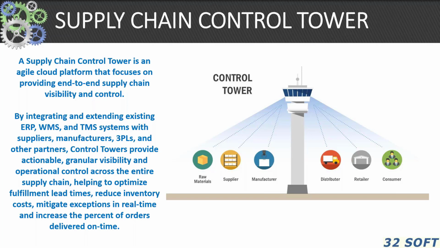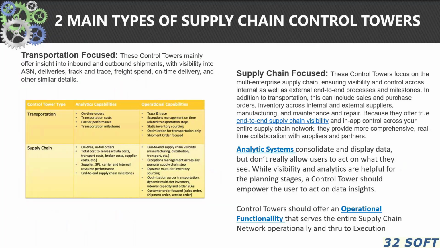By integrating and extending existing ERP, warehouse management systems, transportation systems, suppliers, customers, manufacturers, 3PLs, and other partners, control towers provide actionable and granular visibility and operational control across the entire supply chain.